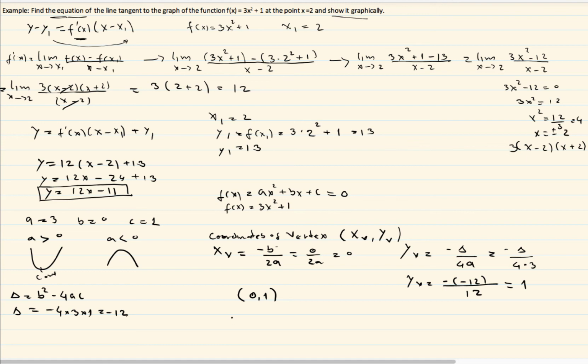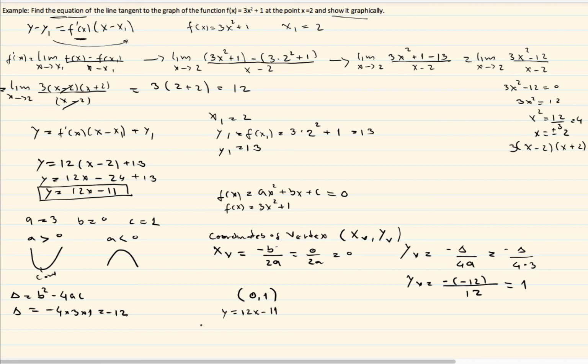So we find the point at which x is 0. The function is y equals 12x minus 11, sorry. So this function is going to pass through 2 possible points of intersection with the axes.